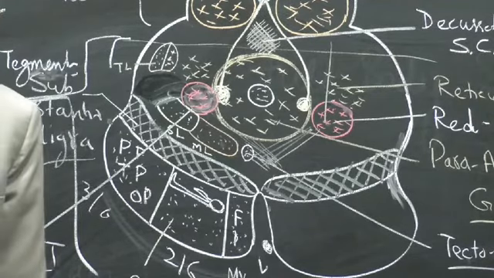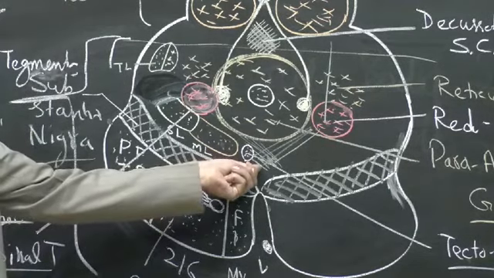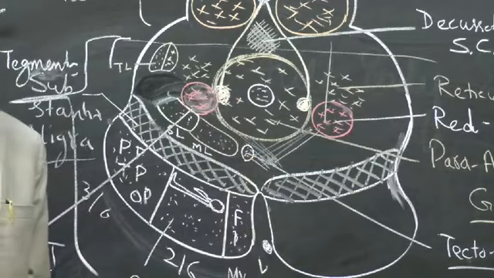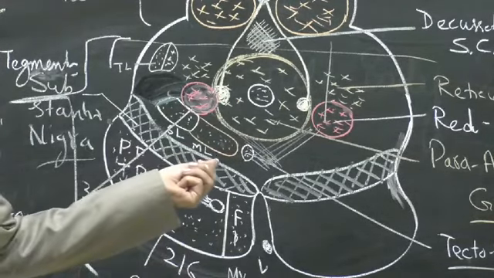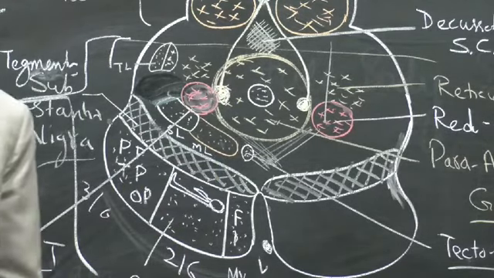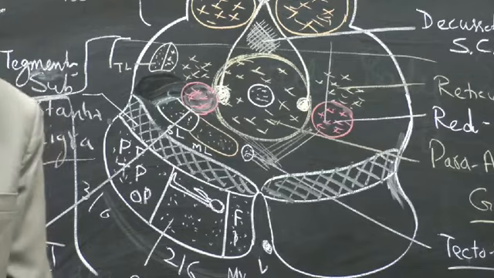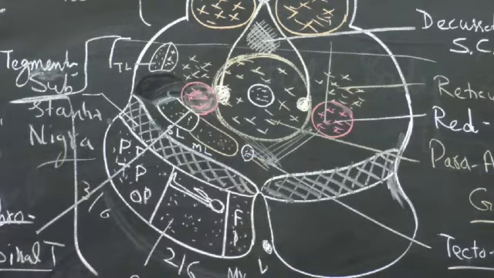After crossing, they descend into the lower part of the midbrain. At the level of the inferior colliculus, we have made this tract, the rubrospinal tract. So it is derived from here, starting here, and it forms the crossing.